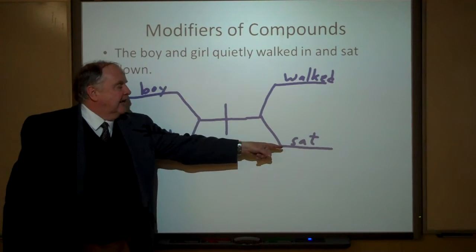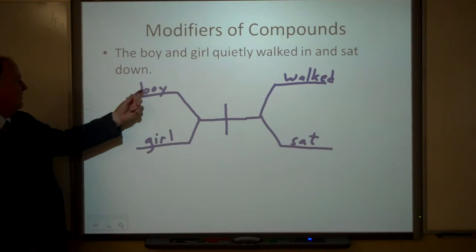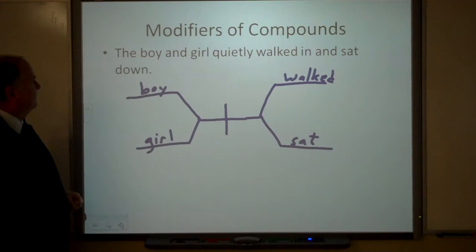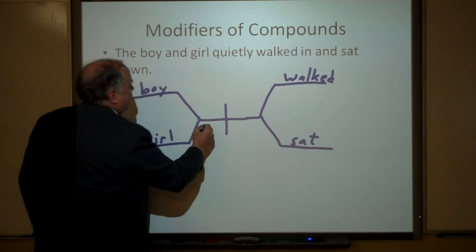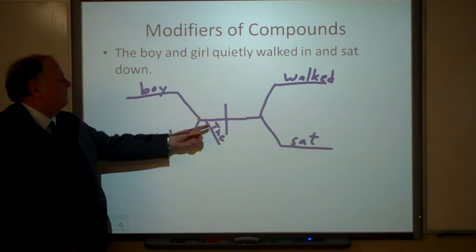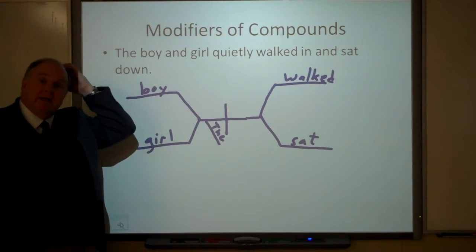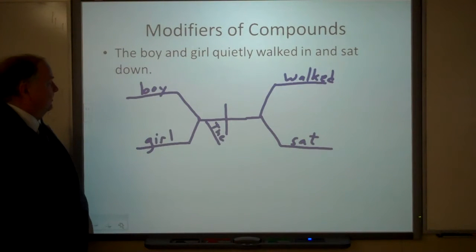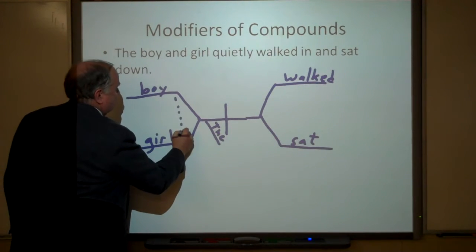Compound verb, walked and sat. Compound simple subject, boy and girl. Okay, but the modifies both. So we put the on the part of the subject line where it's not split, because it's modifying both boy and girl. And then obviously we write the and on the dotted line.